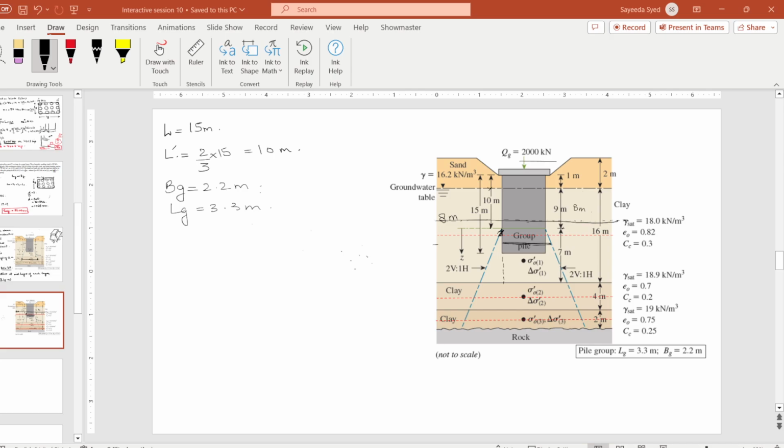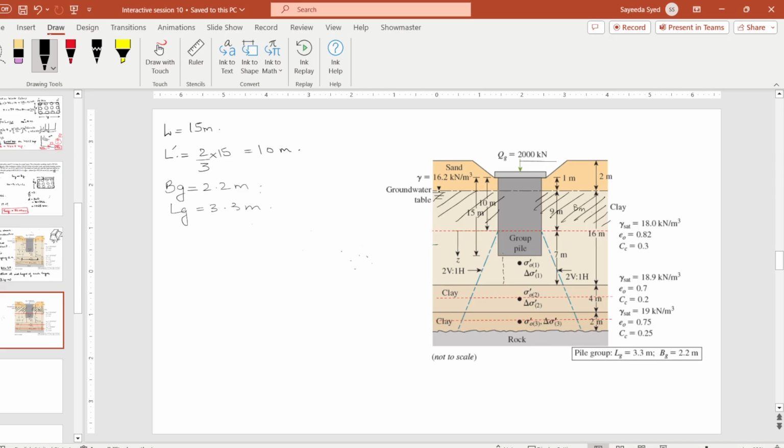Due to this portion of the clay layer, it does not mean that the load on the pile in this section is 0. It does not mean that. There is, because we calculate the stresses, if you remember, when we calculate the pile capacity.